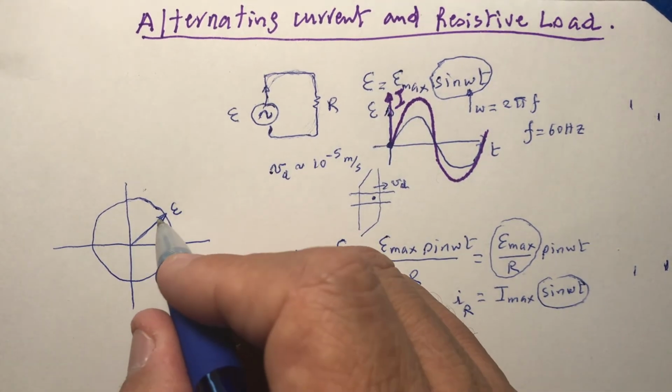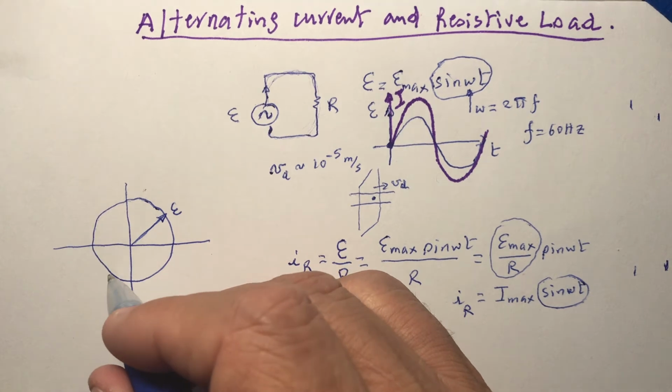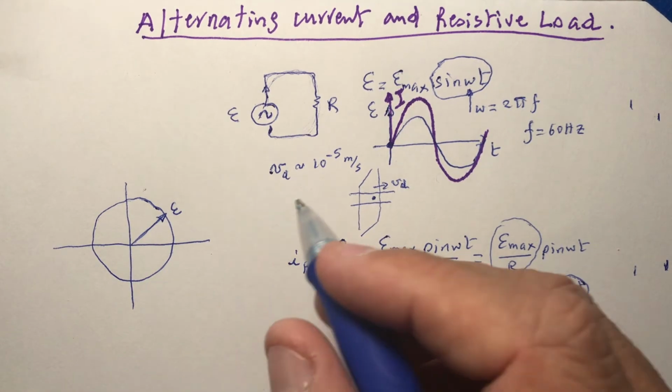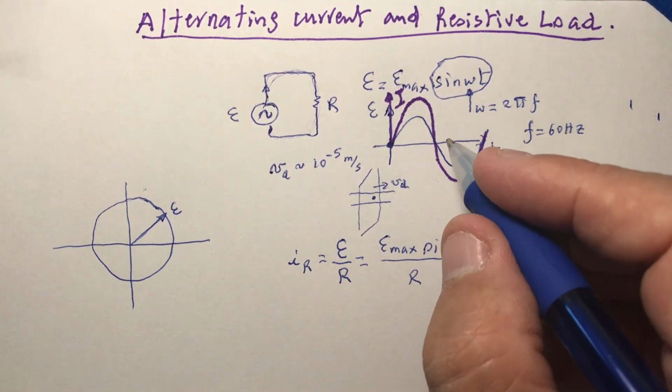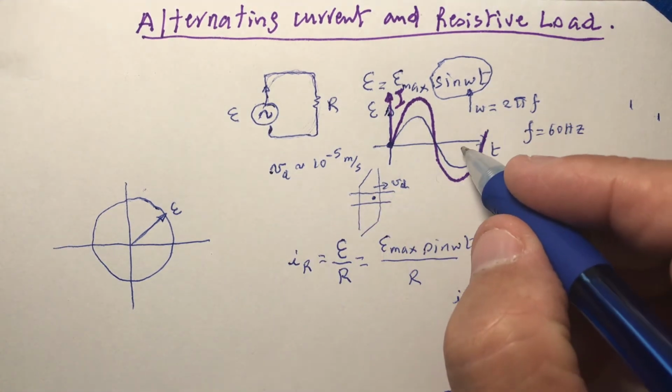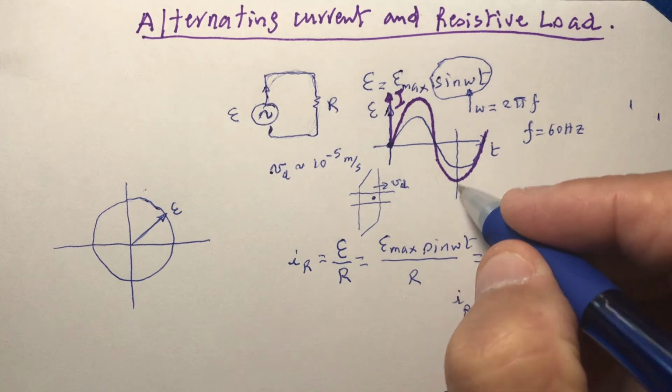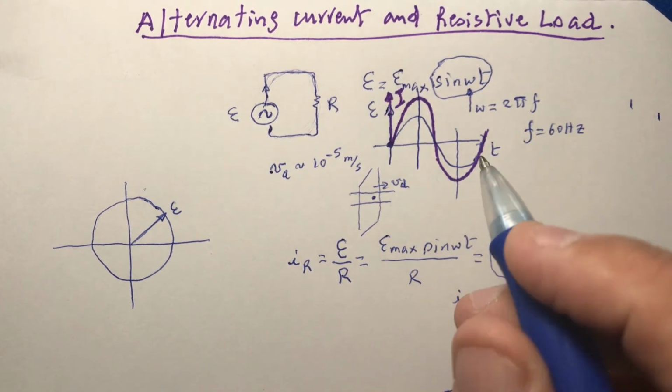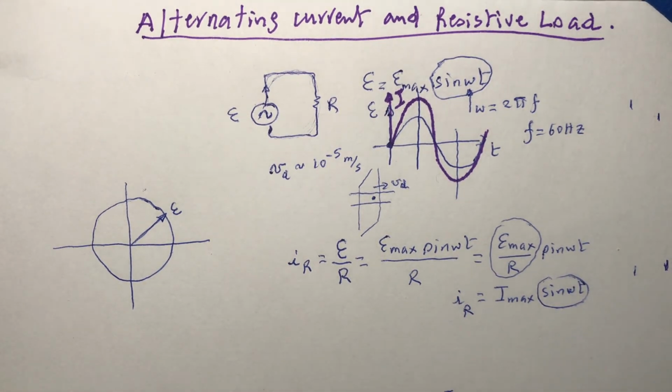So this phasor goes around like this, okay? So if we look at here, let's look at the sine wave. We have 4 sections of the sine wave. Let me use color here so you can see.